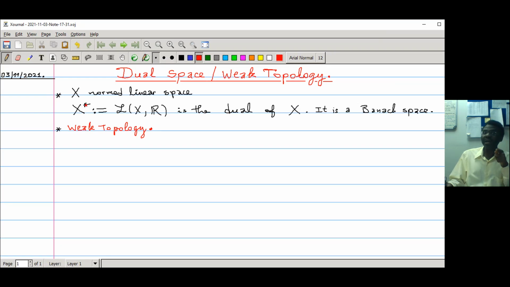The topology defined by the norm, because X is a normed space.